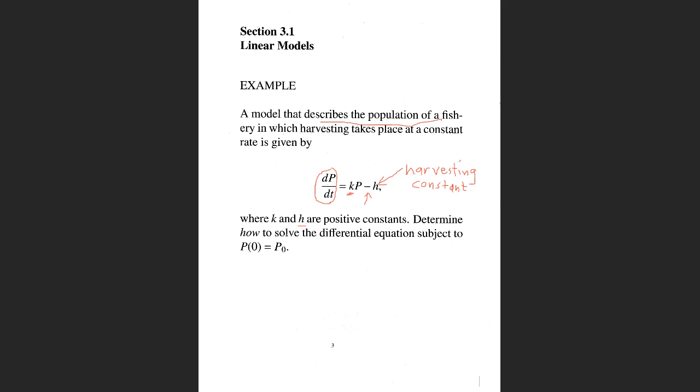What do fish do? Mate. What do all animals do? Mate. They mate, they reproduce. Good, Andre, good, Thomas. So if you're taking fish out of the lake, there's less that are going to reproduce. So this differential equation makes perfect sense.